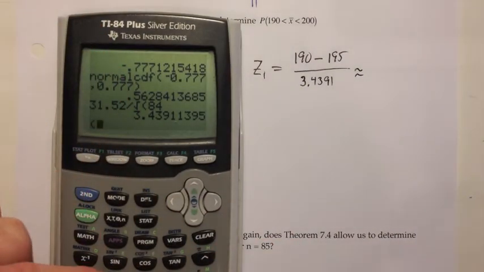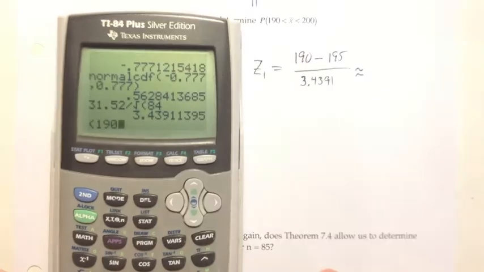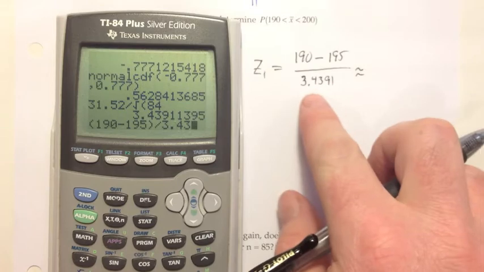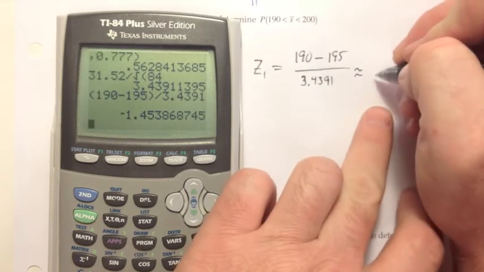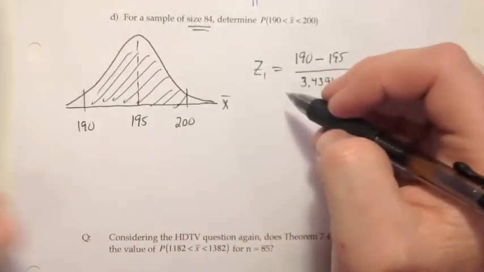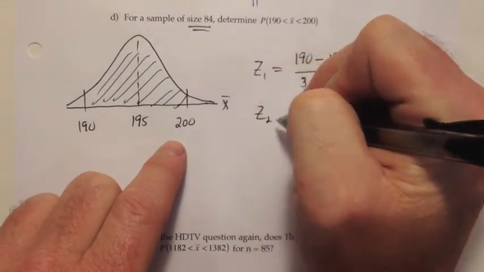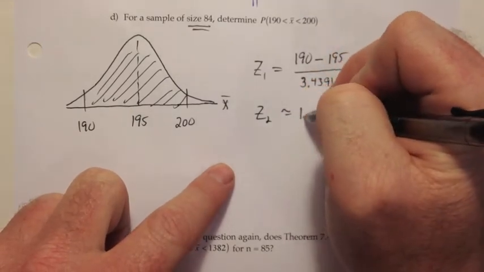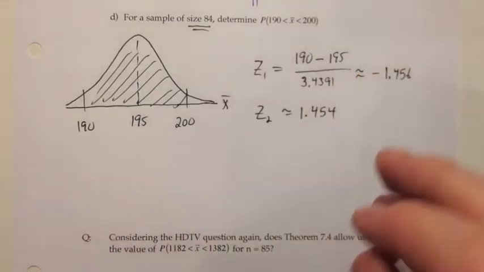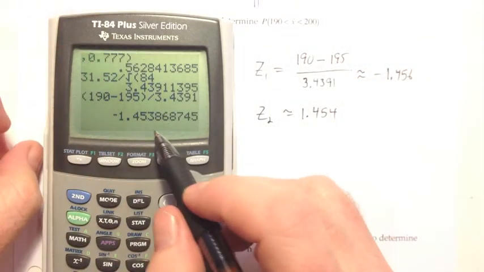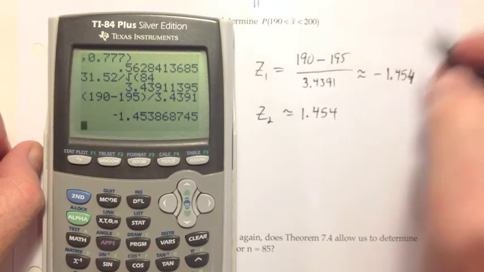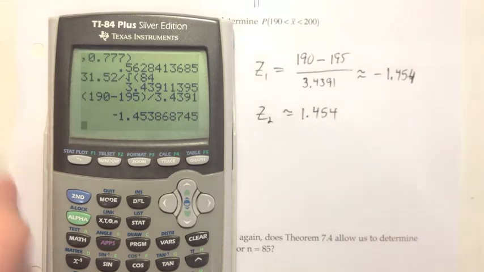So for our z-score numerator, we would want 190 minus 195, always in parentheses for that numerator on z-scores, and divided by 3.4391, and I get a z-score of negative 1.454. Z2 is the same distance out, but opposite direction, so that would be positive 1.454. Let me bring the calculator back in here for a minute. Not sure why I said a 6. That was a 3 followed by an 8, so we'd round that up to a 4. Negative 1.454.